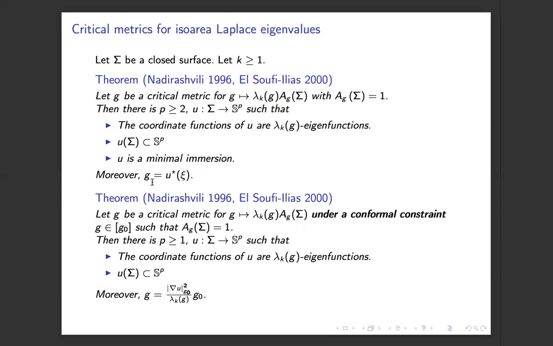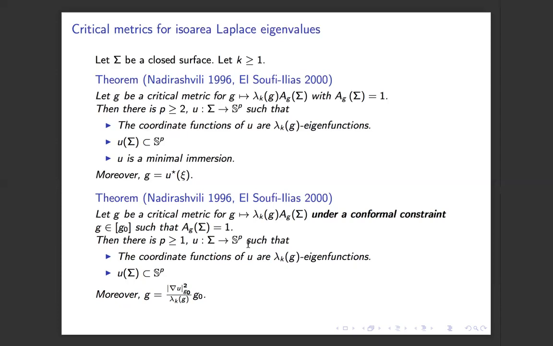And we also have a characterization of the critical metric, just the induced metric of the minimal immersion. And again, if you are in a fixed conformal class, we do not have the last result, but we still have that it is a harmonic map into some sphere, and the metric is characterized by the map and a reference metric, and the conformal factor here is just the density of energy of the harmonic map.